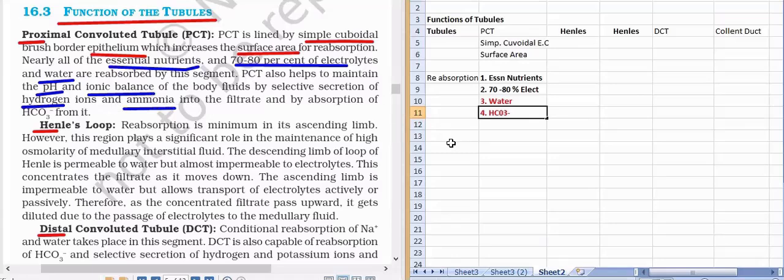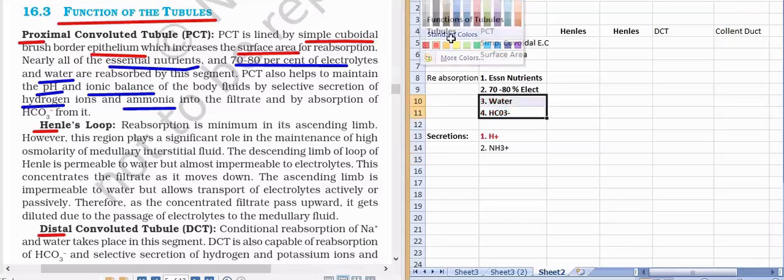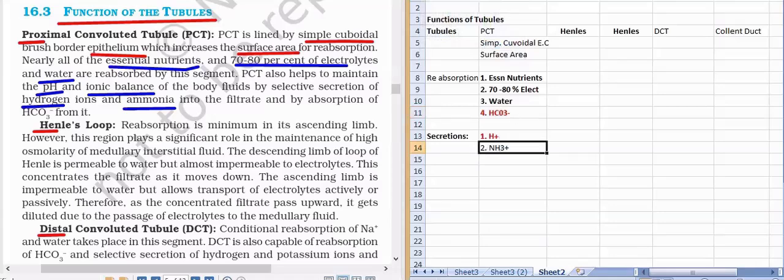Next is secretions. You can write here what the secretions are: one is H plus, second is NH3. These two things they are releasing. We have to understand the concept exactly; bicarbonate you should remember is an exchange for the remaining two things.